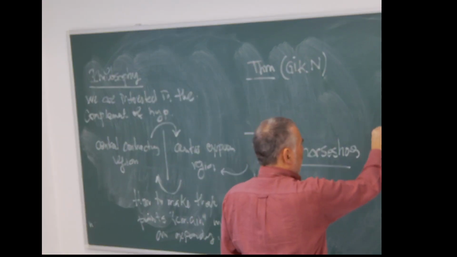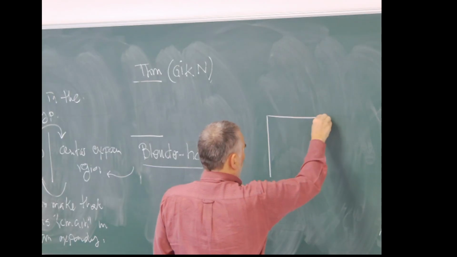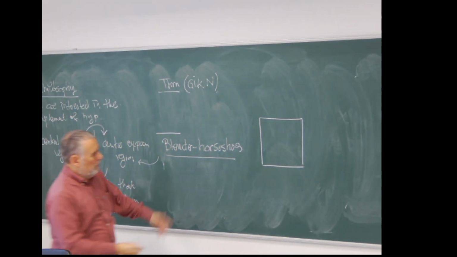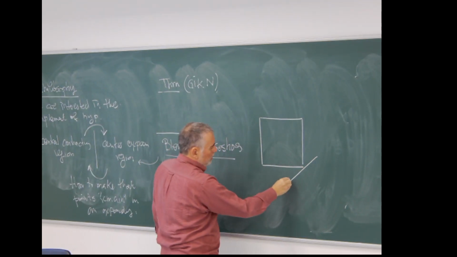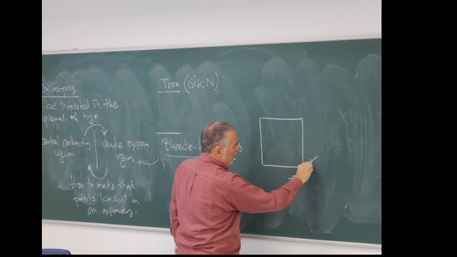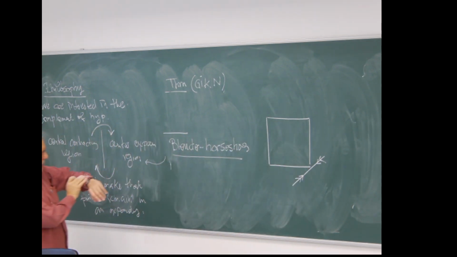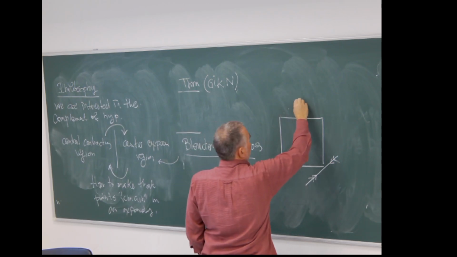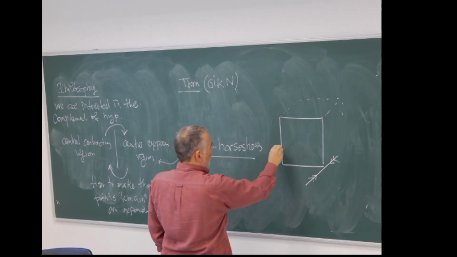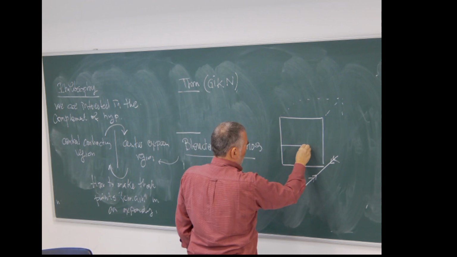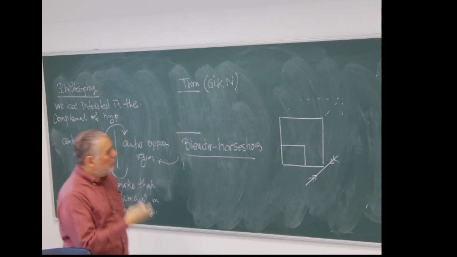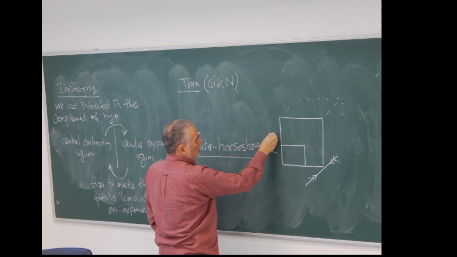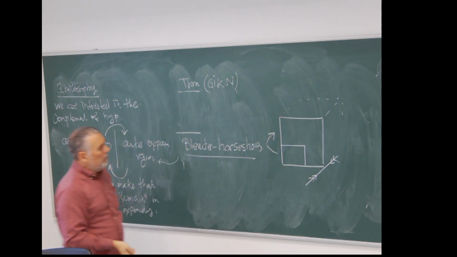A blended horseshoe is something like this. You have a cube, but I will do the figure in dimension 2. There is a third direction that I am killing, that is the direction corresponding to the strong stable direction. You have two regions. One region like this, and if you think only in the 2D dynamics, this map goes to the whole rectangle in an expanding way.